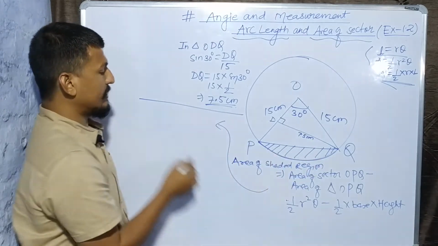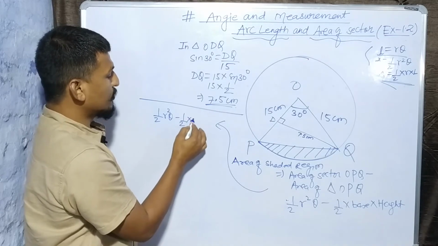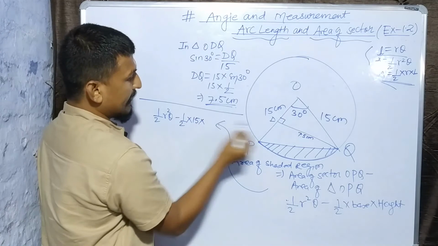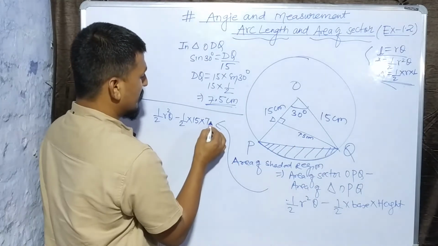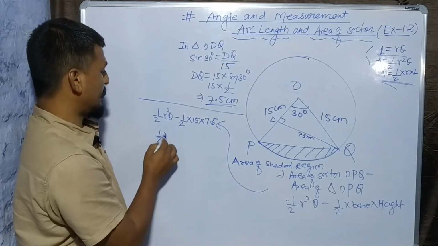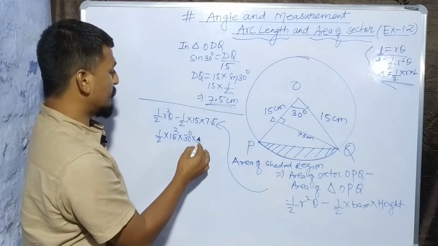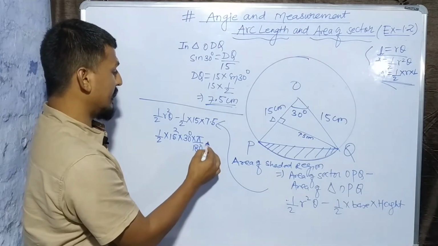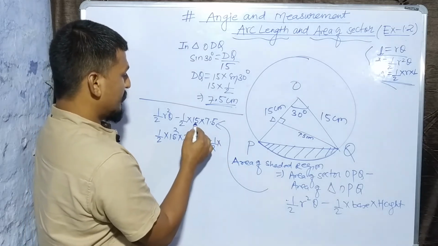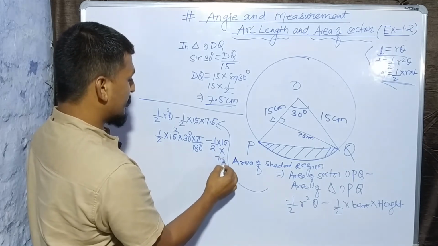Now calculate the area. So the area of this shaded region is half r square theta minus half into base into height. Base is 15 and height is 7.5. So this becomes half into 15 square into 30 into pi by 180 minus half into 15 into 7.5.